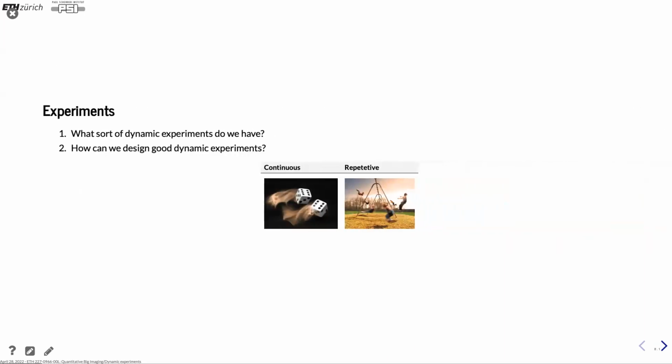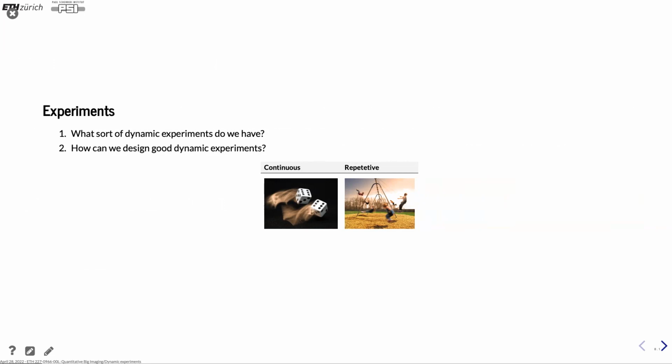And there are two types of dynamic experiments. There are continuous experiments that you more or less trigger and something is happening, like rolling the dice you see here in the picture. Or it can also be repetitive experiments. That's something that is reoccurring with some frequency, and that you can actually use to improve the quality of your data, because then you can trigger your acquisition on a certain event.